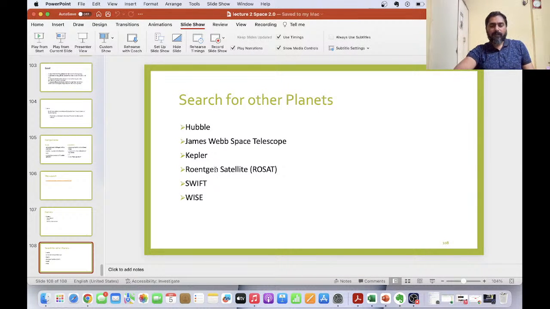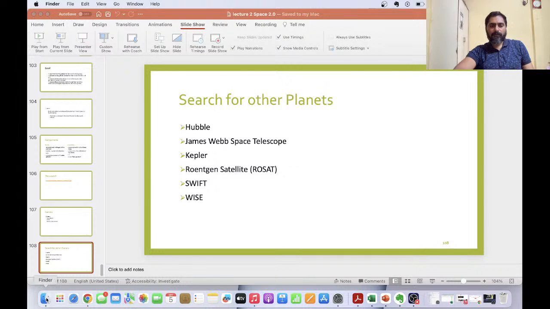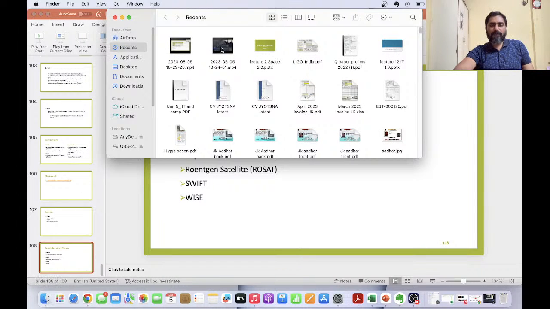So let us see other parts of space technology.